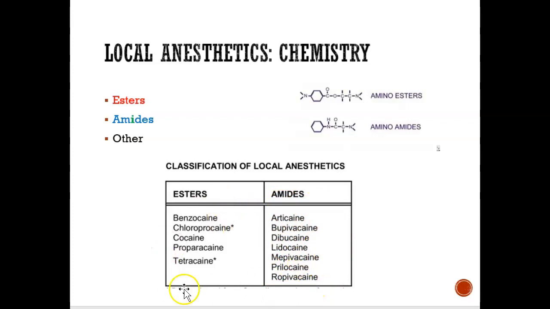When you see the word cane at the end of a drug name, then you know it's a local anesthetic. That's one tip to keep in the back of your mind. And again, when you see an I before the cane, we know that this is an amide, because in esters, there's no I before the cane.